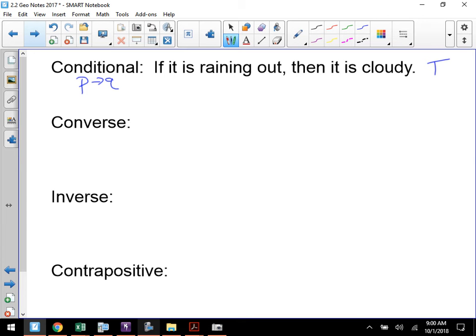So converse, it is flip-flopping. All right, flip it. If it's cloudy, then it's raining. Give me your counterexample.